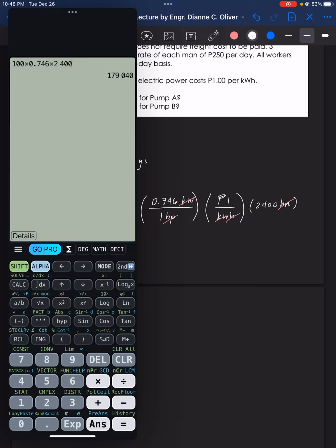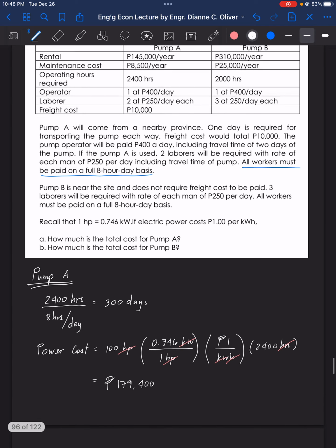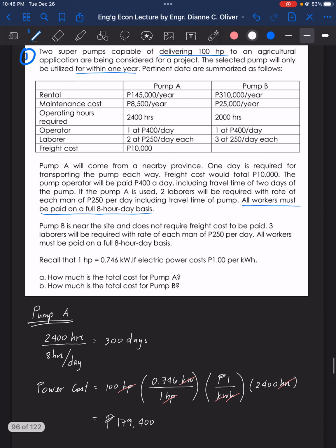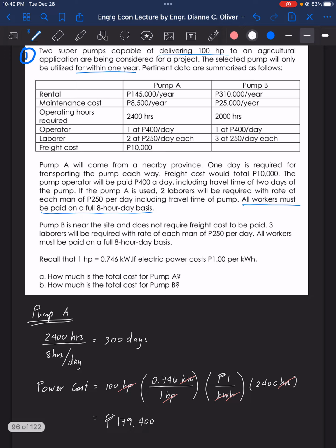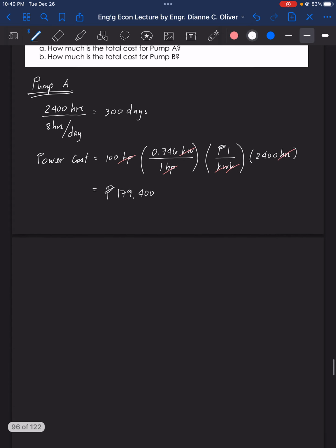So that is 179,400 pesos for the power cost. Okay, so I think we have now the items. So we can now compute for the total cost for pump A.